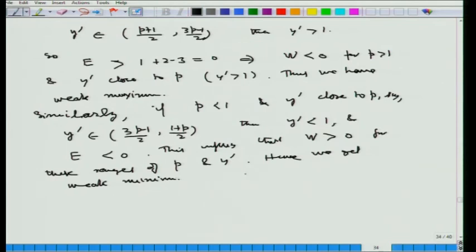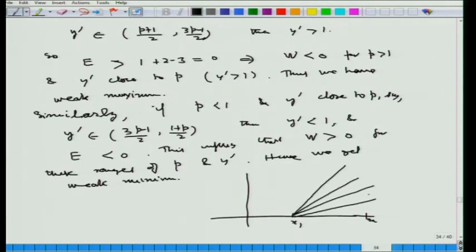So, here we have the following picture: we have x 1 and then x 2, and these are the extremals going here. Let us say this is the point lying on this extremal B, which is x 2 y 2, having P equal to y 2 over x 2 minus x 1, positive.